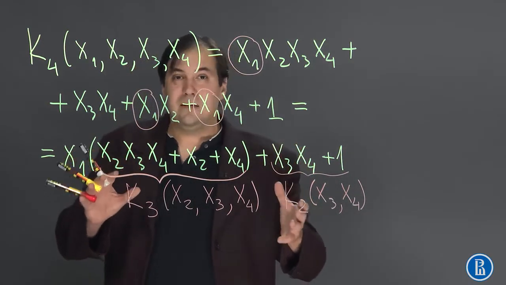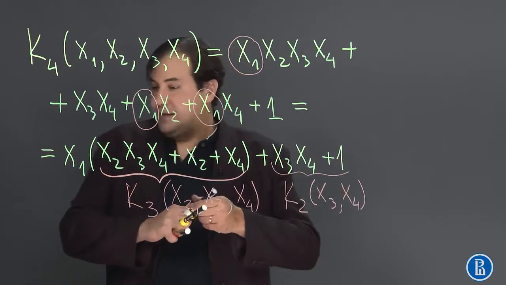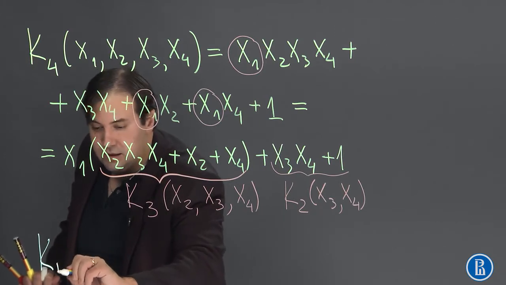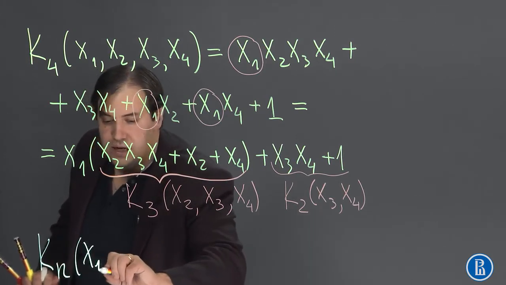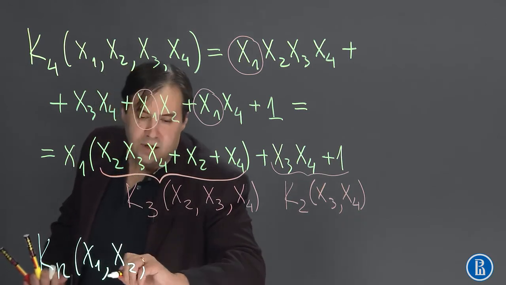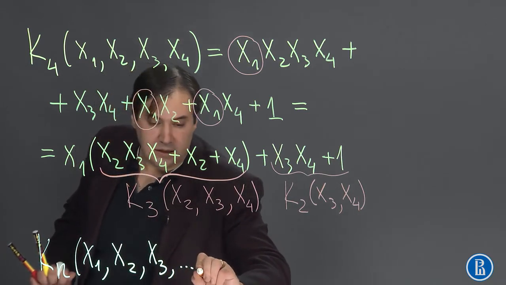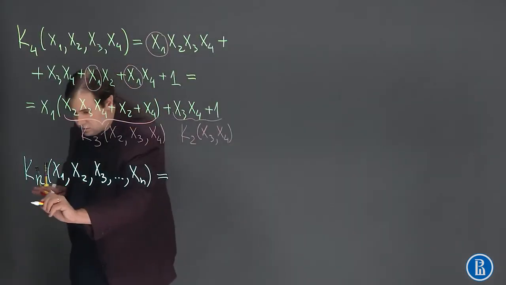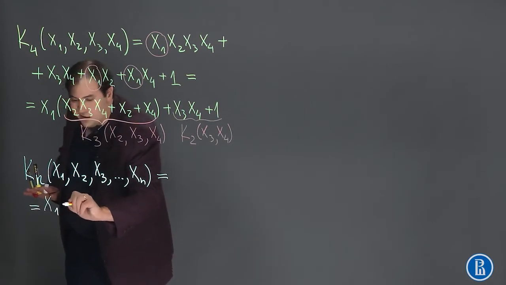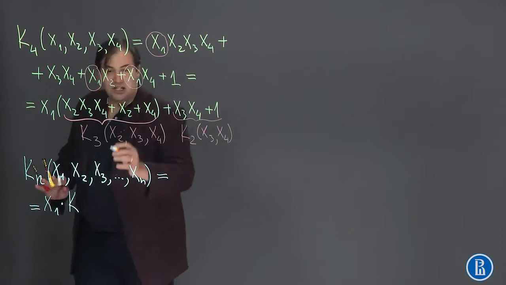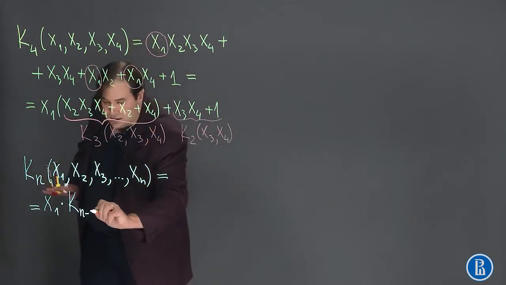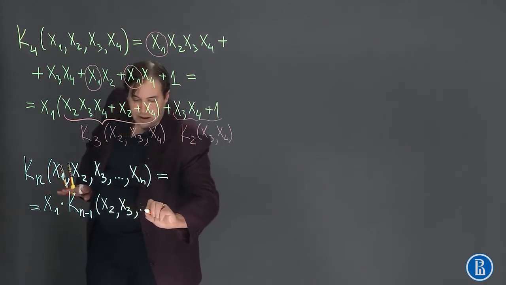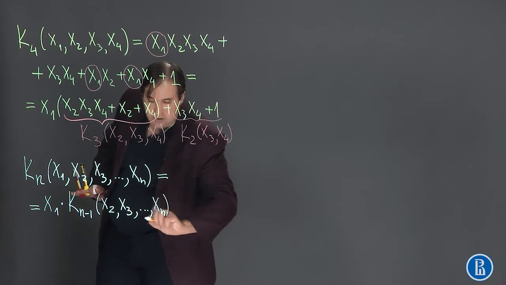So something similar can be done with any continuant, and there is a recurrent equation for continuants. Kn of x1, x2, x3, and so on, xn, is equal to x1 multiplied by, just as here, Kn minus 1 of variables x2, x3, and so on, xn.